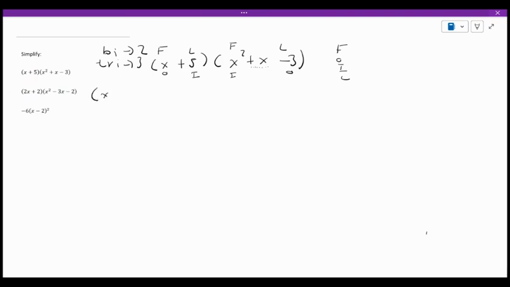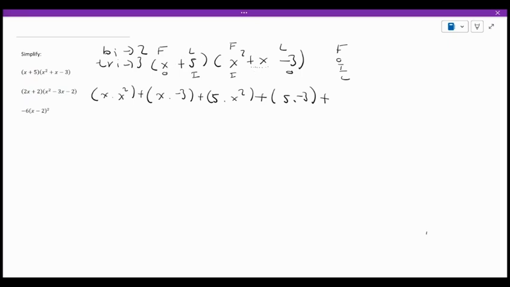We have x times x squared, plus x times negative 3, plus we're going to our inners now, 5 times x squared, plus going to last, we have 5 times negative 3, plus again, we still have to cater for this x.